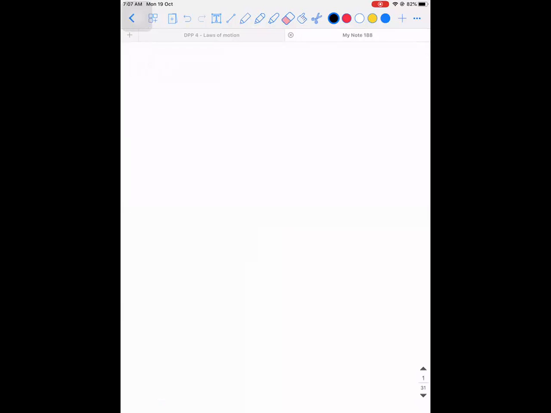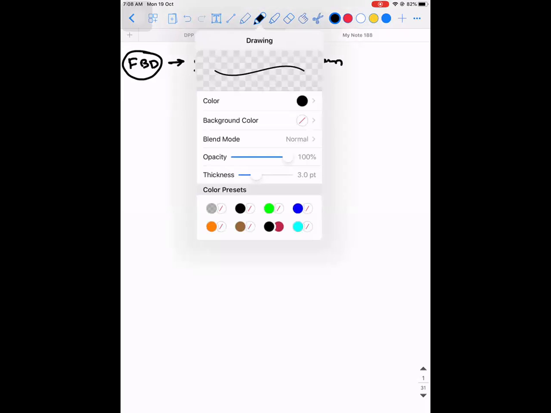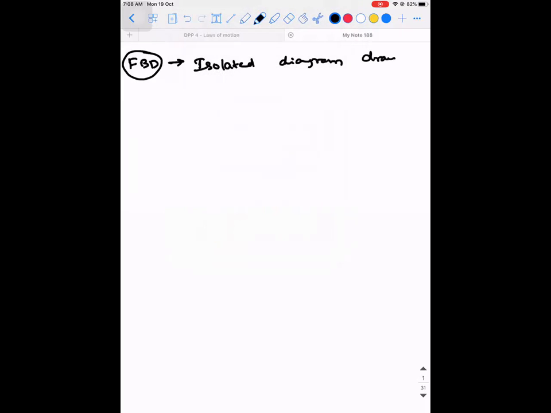So everybody knows what a free body diagram is, so I'm not giving much introduction about it. What is a free body diagram? It is an isolated diagram. What do you mean by isolated? It's a separate diagram drawn along with all the forces acting on it with their proper direction.